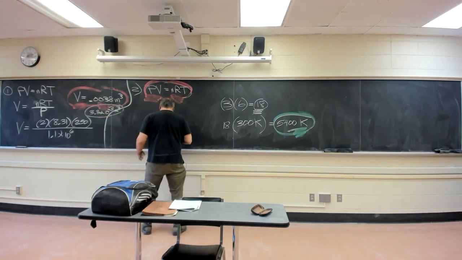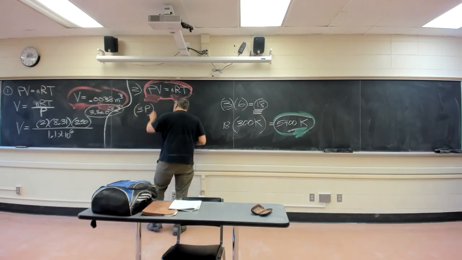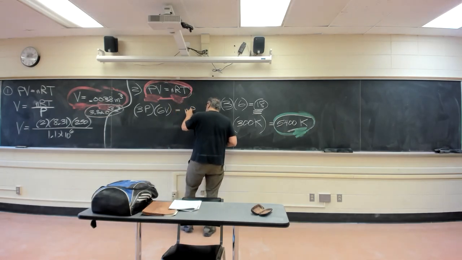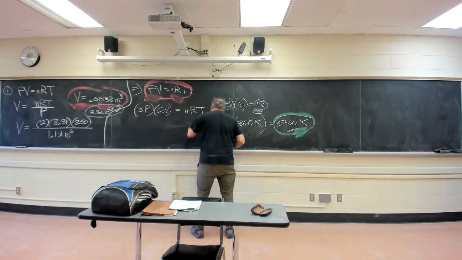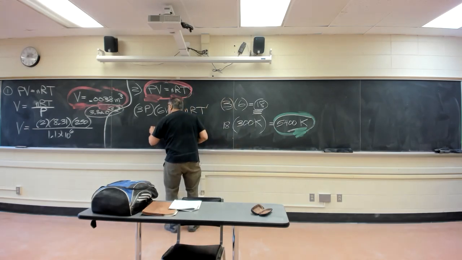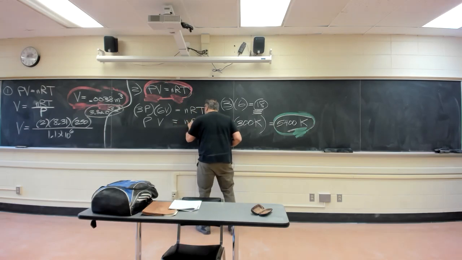You've got a situation where the pressure is 3 times what it was, in addition to the volume being 6 times what it was. And that's going to be associated with a particular new temperature. We'll call it T prime. The original situation was PV equals nRT.